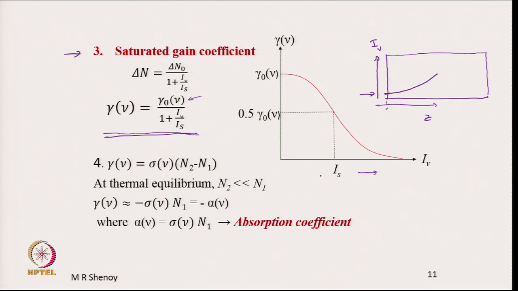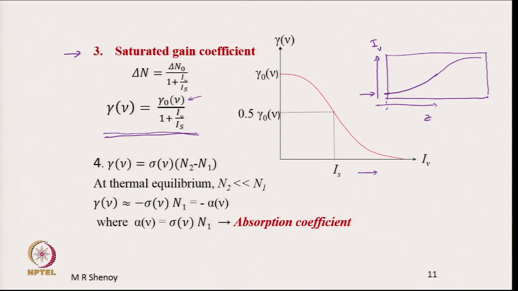But when the intensity increases, the gain coefficient starts decreasing, that is what this graph shows, and therefore, the rate at which the intensity builds reduces, and finally, it will reduce to an extent that there will be no further gain.